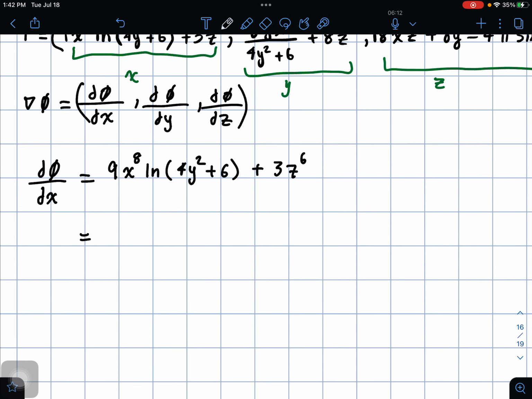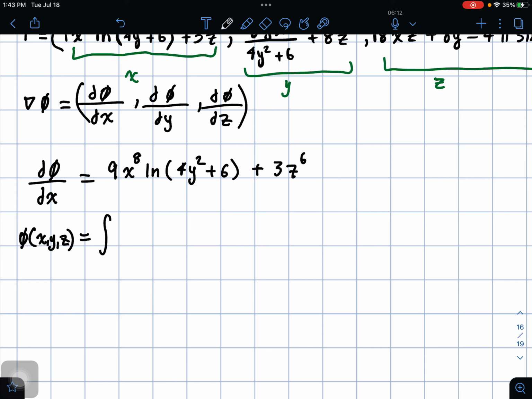Now what you do is you have to take the partial integration. We've never even talked about this, it's a new concept. That's to get phi, right? And this phi is with respect to x, y, and z.